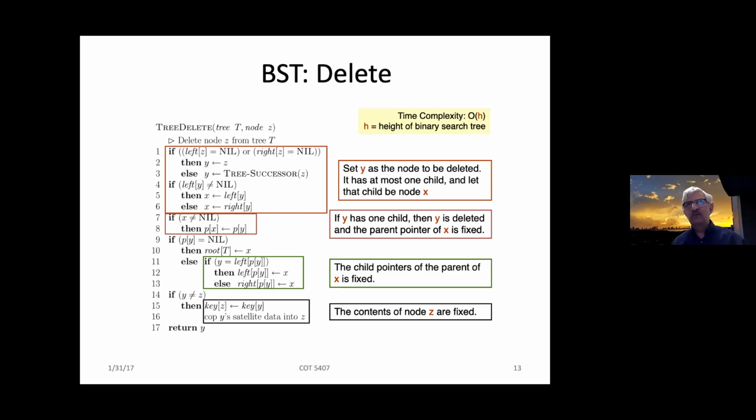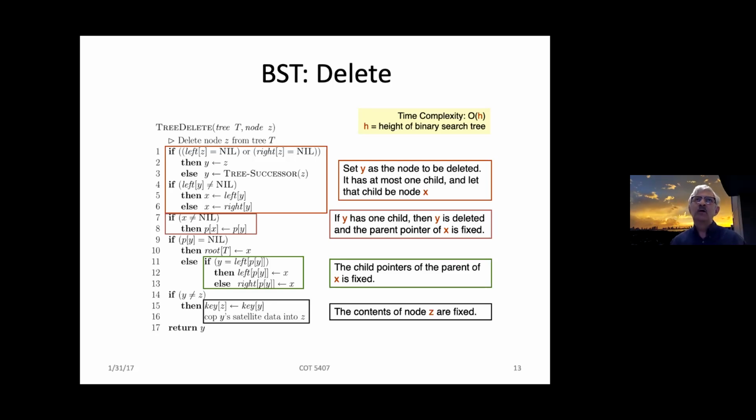For instance, try out what happens if I insert the numbers 1, 2, 3, 4, 5, 6, 7, all the way up to 10 in that order. Or try other orders and see how the tree changes. And in each case, make sure that what you get is a binary search tree. But you'll see that the tree looks very strange depending on what order you insert things.